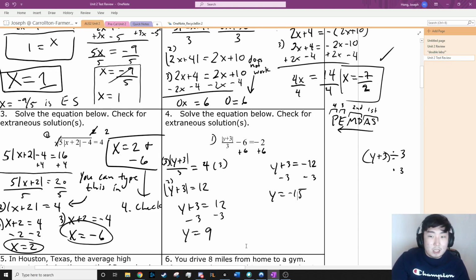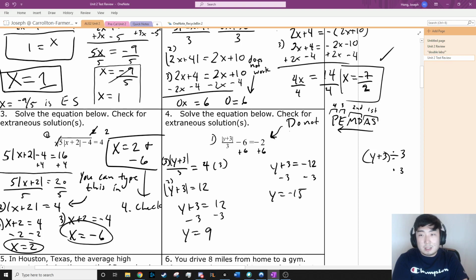And that's not it, right? I need to check for extraneous solutions, and that's step 4. And I don't want to type this in. If you type it in the test, sure, but you can save so much time by not typing this in.